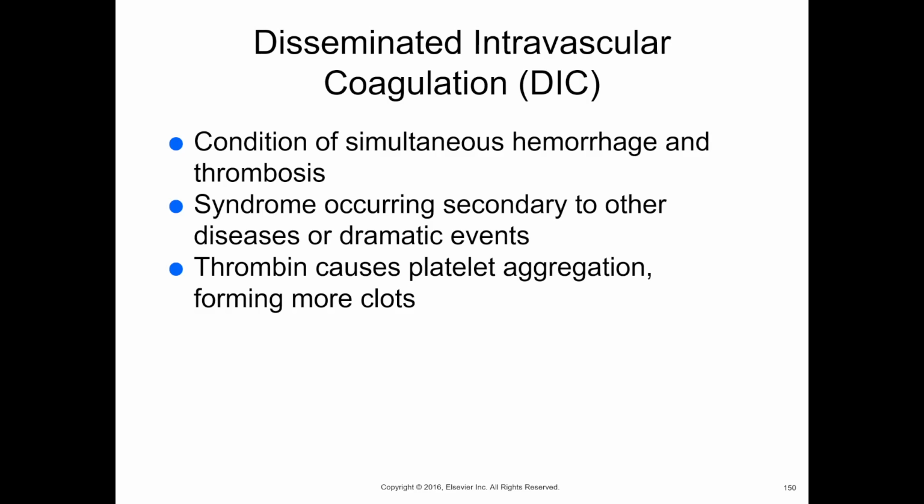Another thing to think about is disseminated intravascular coagulation, or DIC. This is where there's sudden hemorrhage and thrombosis all at the same time. This is secondary to another disease or traumatic event. Basically, what you get is a hemorrhage, but then there's also an inappropriate response of thrombin causing massive platelet aggregation and more clot formation.